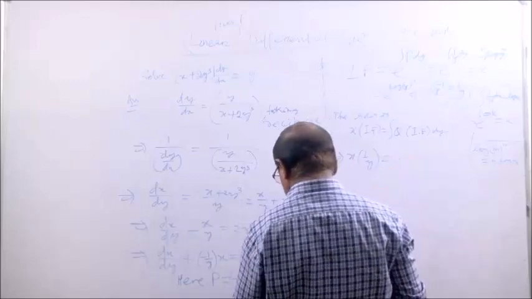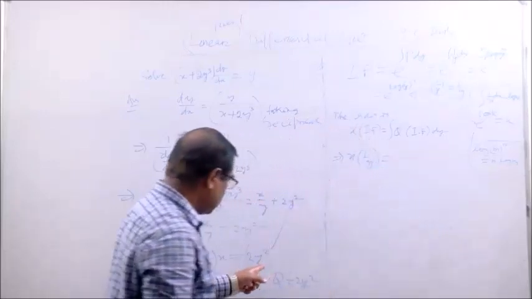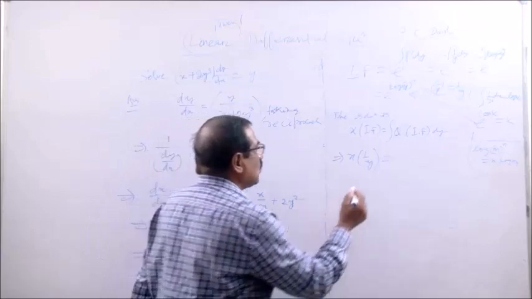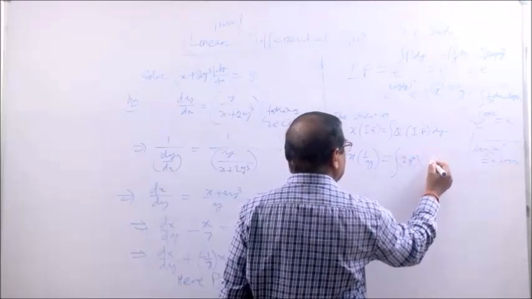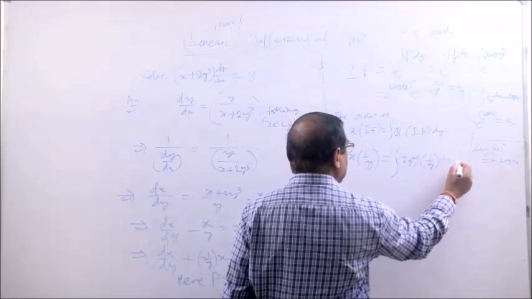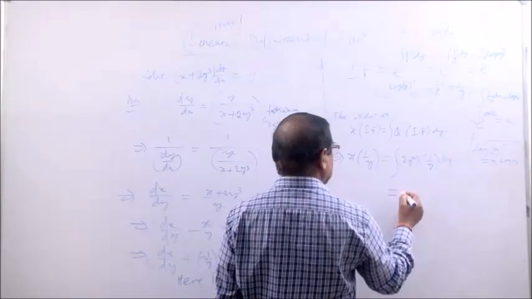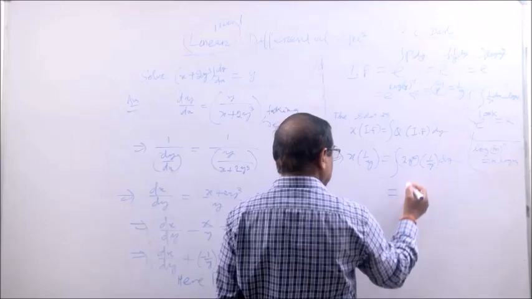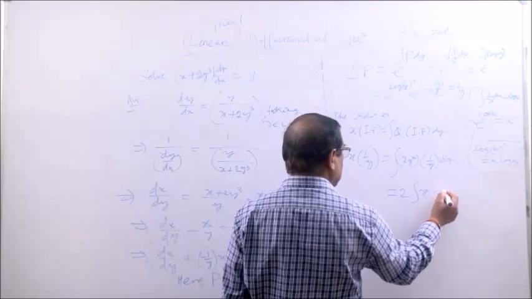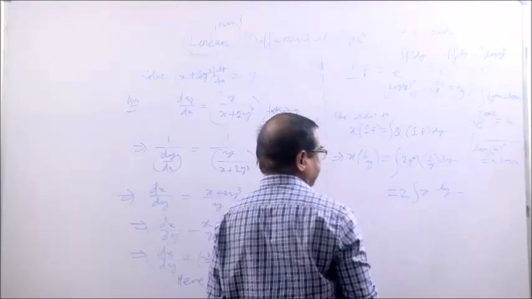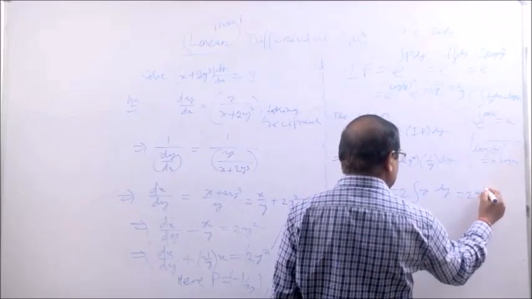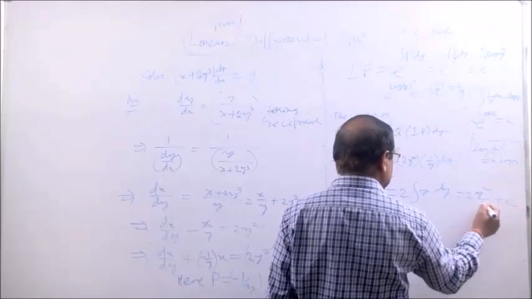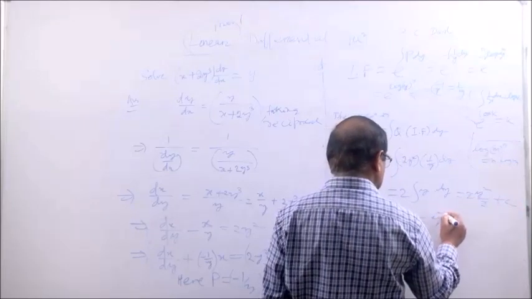What is Q here? You see, Q is given here from the beginning, 2y square. IF is 1 by y, then y goes, 2 is taken out, dy. So, this becomes 2 y square by 2 plus c. So, that is y square plus c.